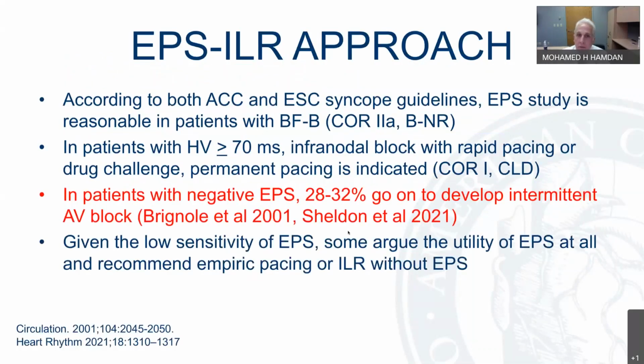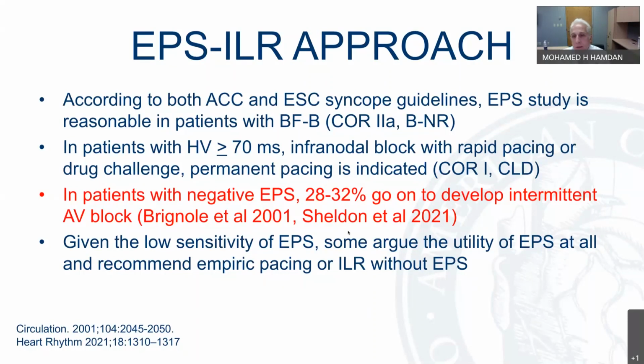EPS followed by ILR if the EP study is negative is a reasonable approach in patients who have chronic bifascicular block and syncope. In fact, both the ACC and the European Society of Cardiology syncope guidelines have this as a class 2A indication. So in these patients, if during the EP study we document an HV more than 70 milliseconds or evidence of nodal block with rapid pacing or drug challenge, then permanent pacing is indicated.